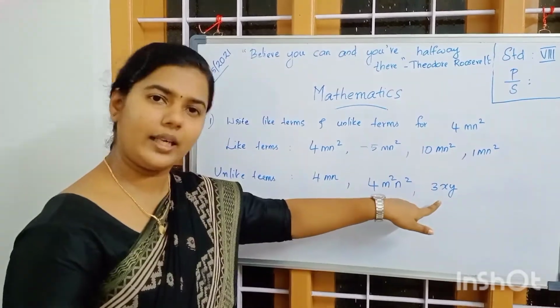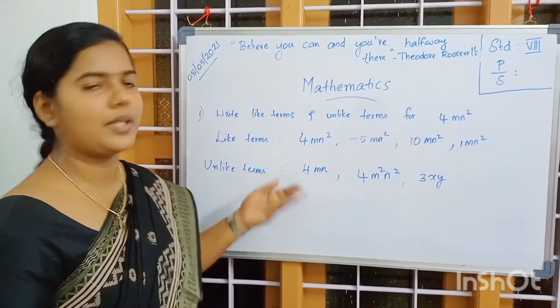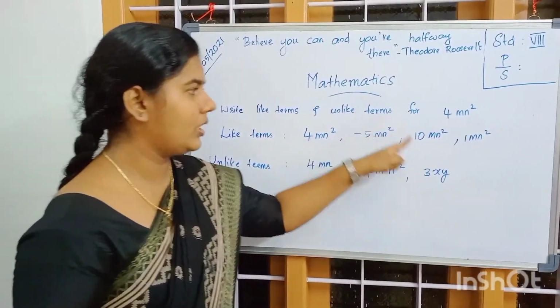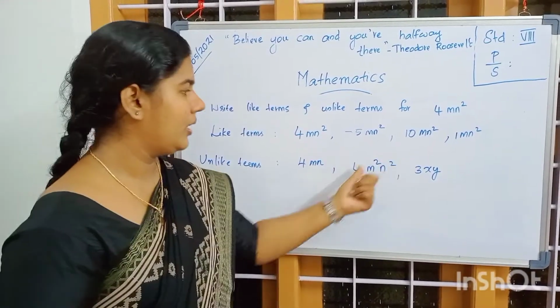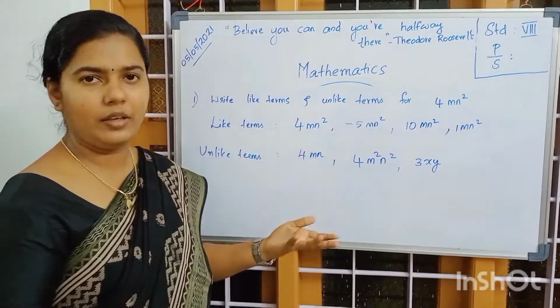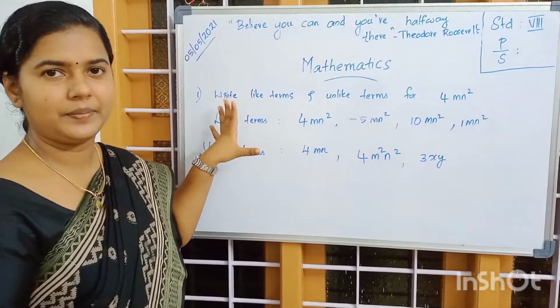So this is also an unlike term. So you can write any number of like terms and unlike terms. Like terms can be written by changing the coefficients, and unlike terms are written by using any variable and in any way. So this is the answer for this question.